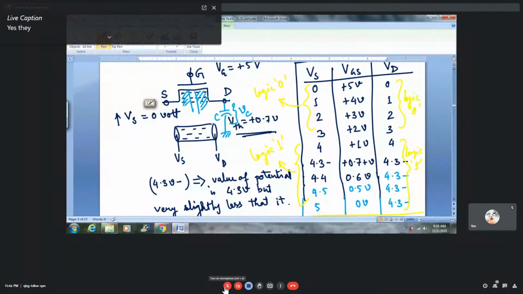Yes, tell me, just voluntarily say. Anyone? What will be the drain potential if you provide the source as plus 5 volts for this NMOS pass transistor?